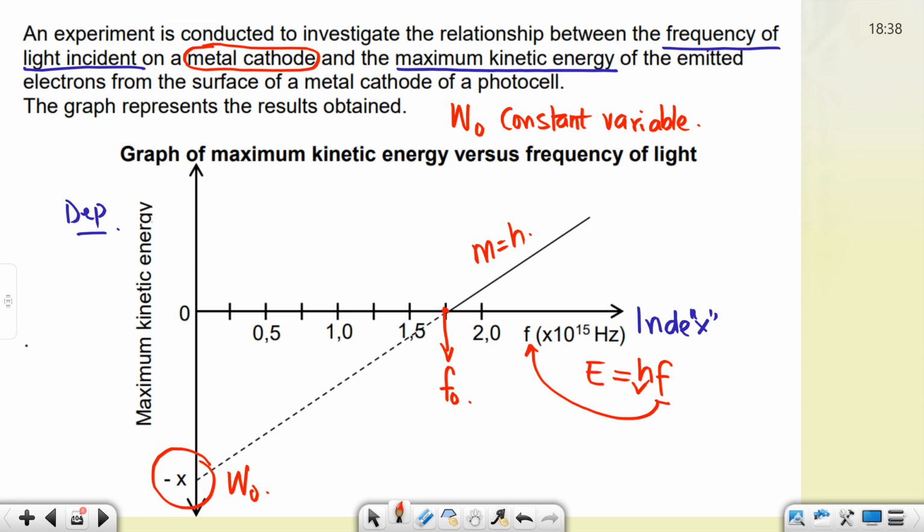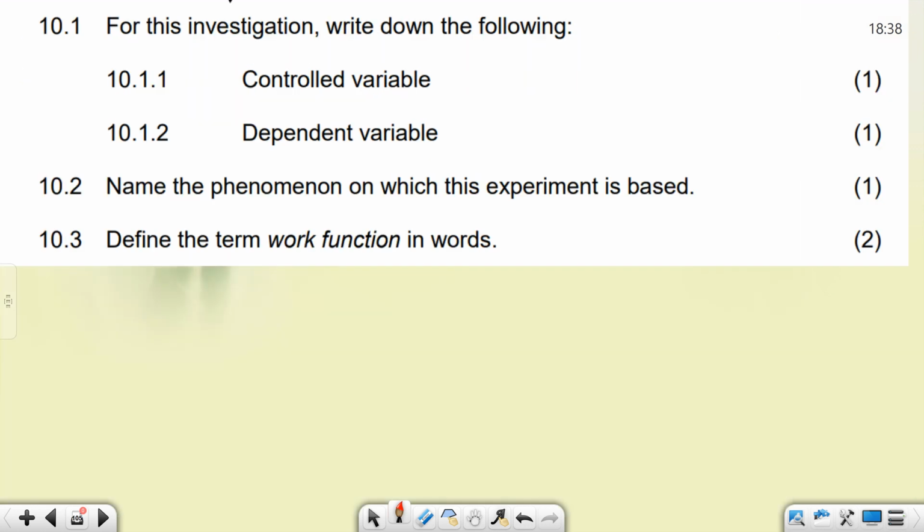Okay, so we have done all of that, and now we need to just answer the question. For this investigation, write down the following. Controlled variable.